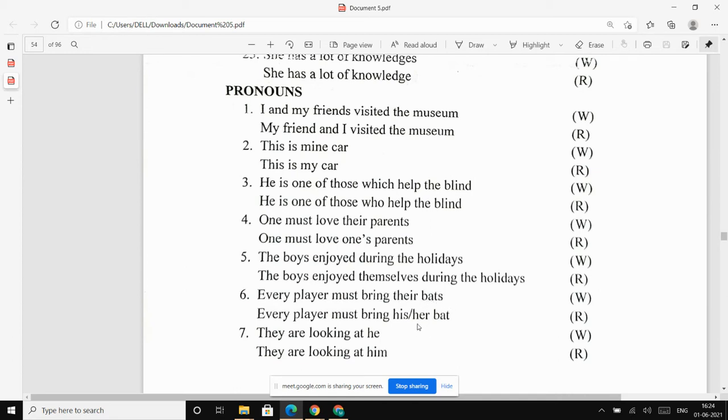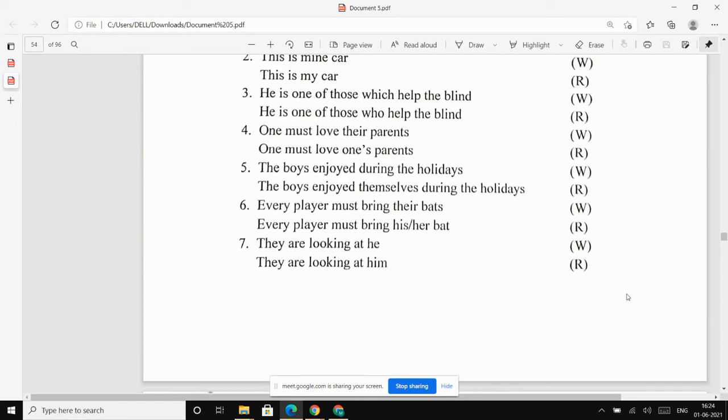But here his or her is singular, so it takes the singular noun bat. They are looking at he. So if you observe here, he is a subjective pronoun, but this he is in the objective case. That's why the related objective pronoun we have to use here. They are looking at him is the right sentence.